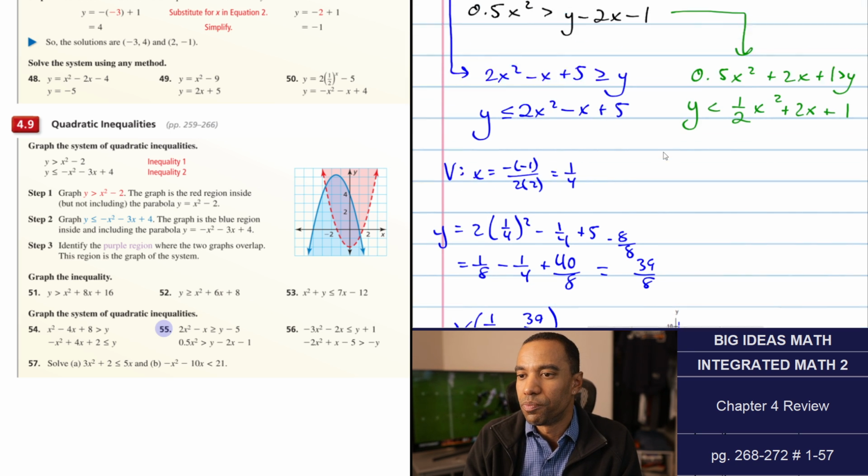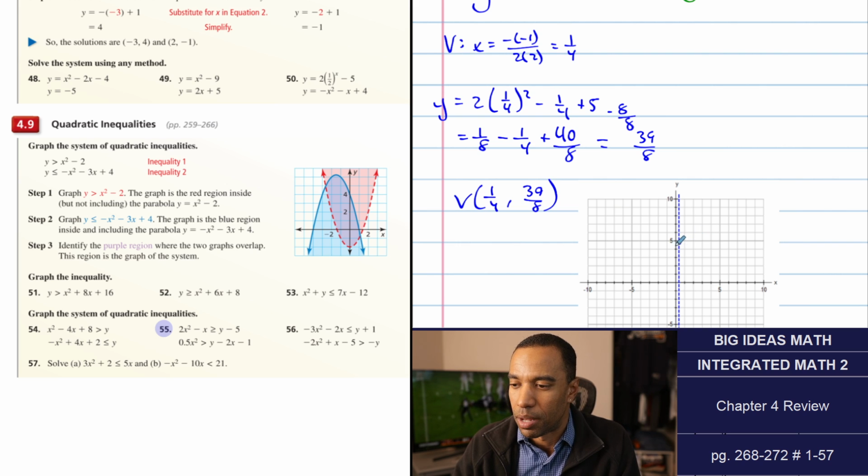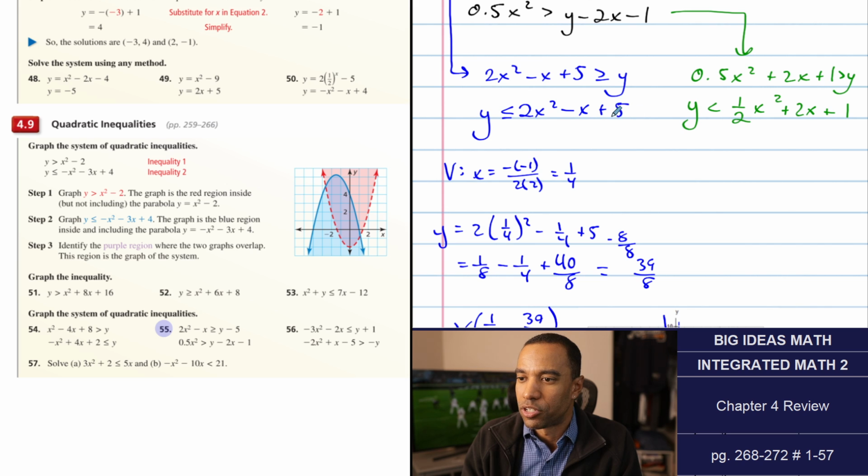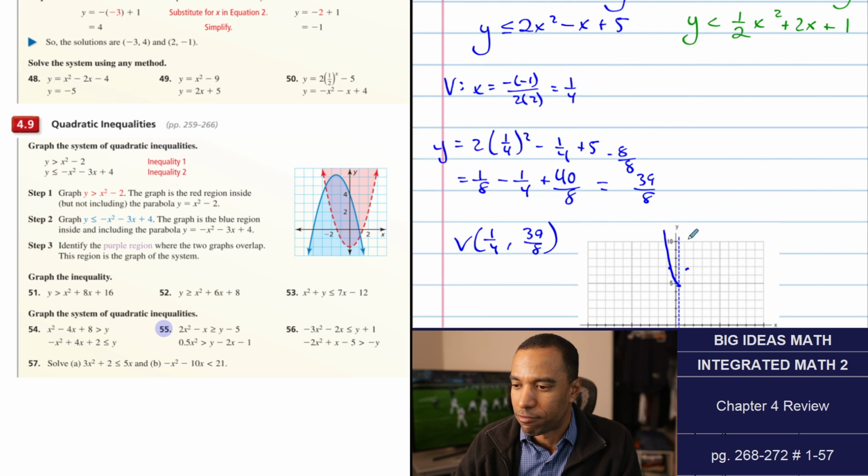Stretch factor is 2. I'm only going to be able to fit like a over 1 up 2 kind of thing. Over 1 up 2 and over 1 up 2. Like that. Then it just stretches upward. So not beautiful. This should kind of confirm that this has a y-intercept of 5. You can see that I'm kind of hitting 5 right there. So that's kind of nice where that works out.